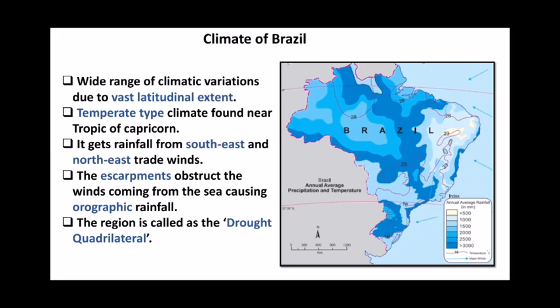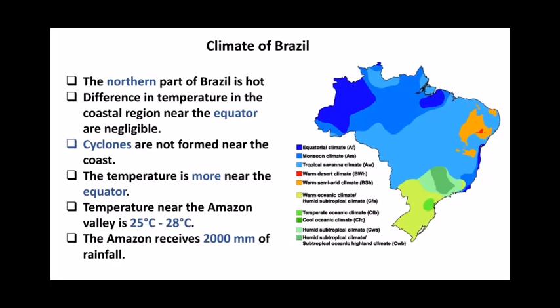Looking at the temperatures in Brazil, the northern part of Brazil is hot. As we go towards the southern part, the temperatures become lower. Seasonal variations are found in this pattern. Near the equator, at the Brazilian coast, temperature does not vary much.